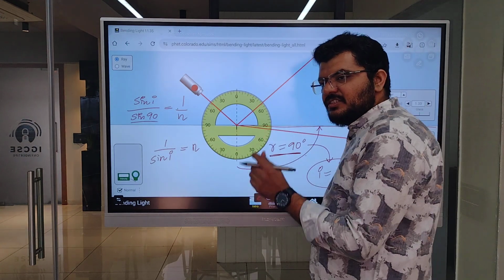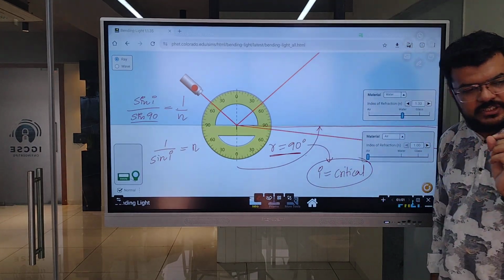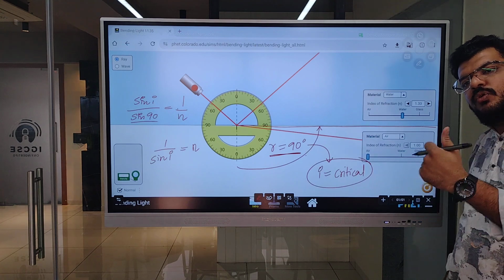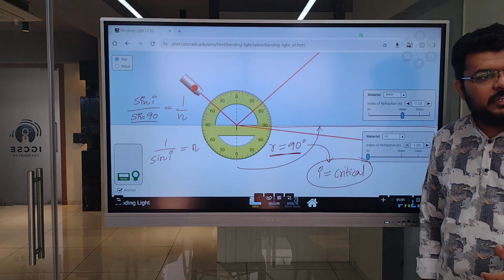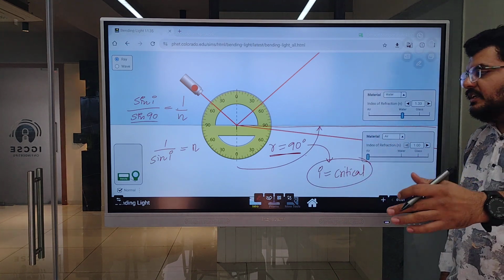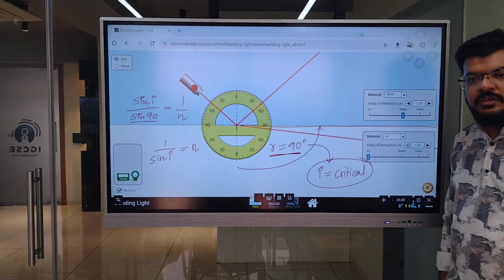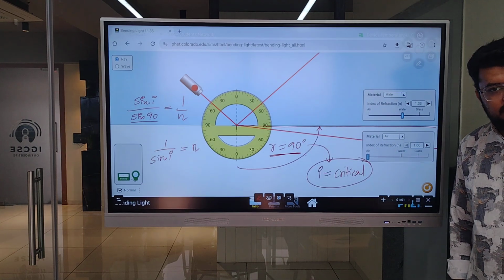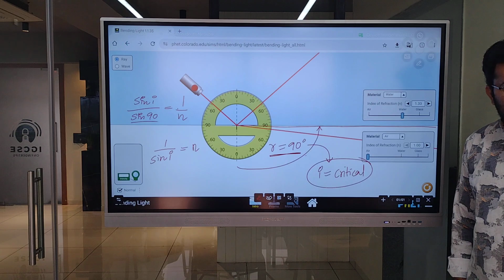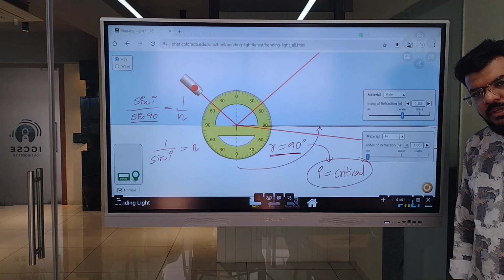So that is a certain angle for which the light cannot go into the rarer medium anymore. It bends so much that it only passes through the plane of separation.